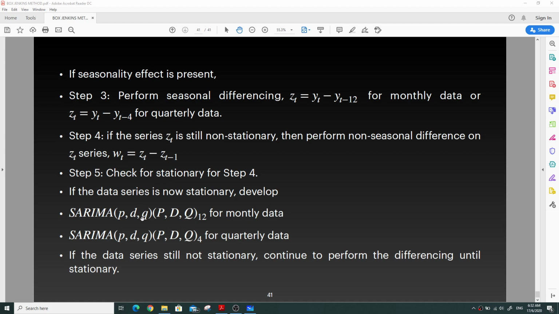And now we have to determine the p, d, q for AR and MA, and P, D, Q for SMA and SAR. Again, this is based on the ACF and PACF plotting pattern that I will explain later in the evaluation part. So I think that's all for the theoretical part on the basic model of Box-Jenkins. If you have any questions, you can ask. So thank you guys. Bye.